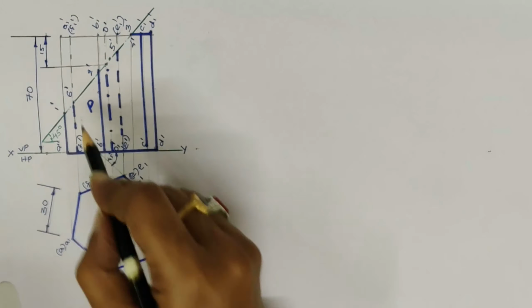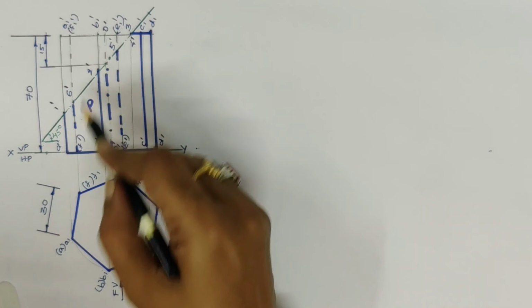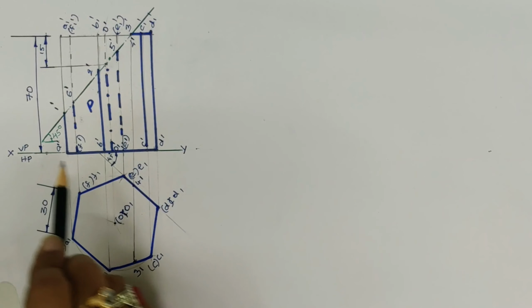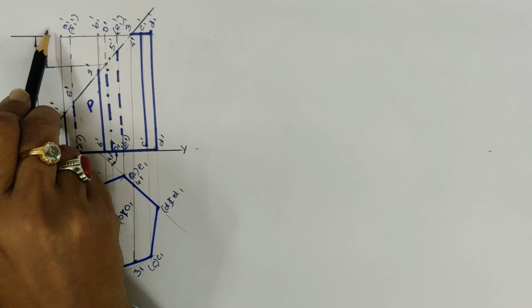For developing the part P portion of the hexagonal prism, draw two stretch out lines in line with A dash, D dash and A1 dash and D1 dash.